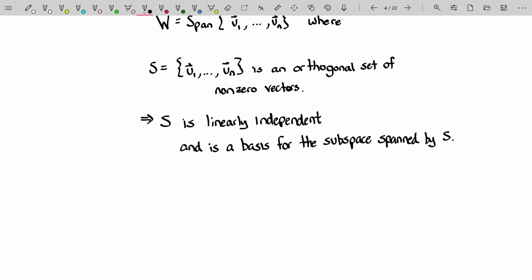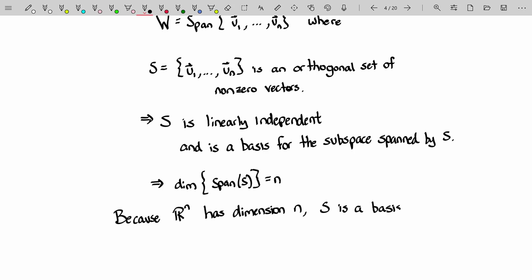That means the dimension of the span of that set of vectors must be n. Because Rn has dimension n, S is a basis for Rn, and therefore the span of S, which is equal to W, must therefore equal Rn.